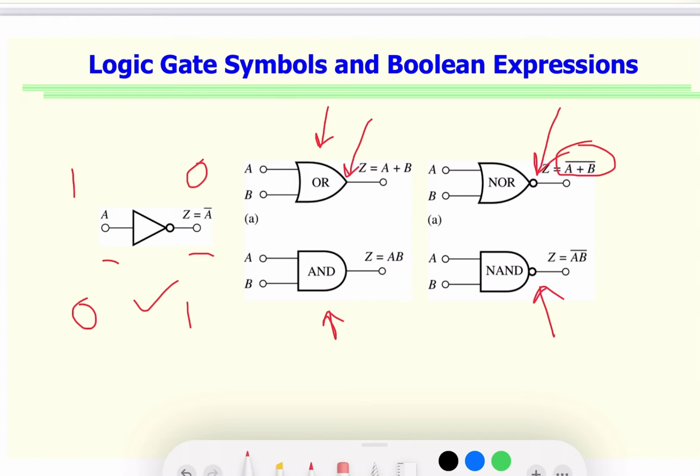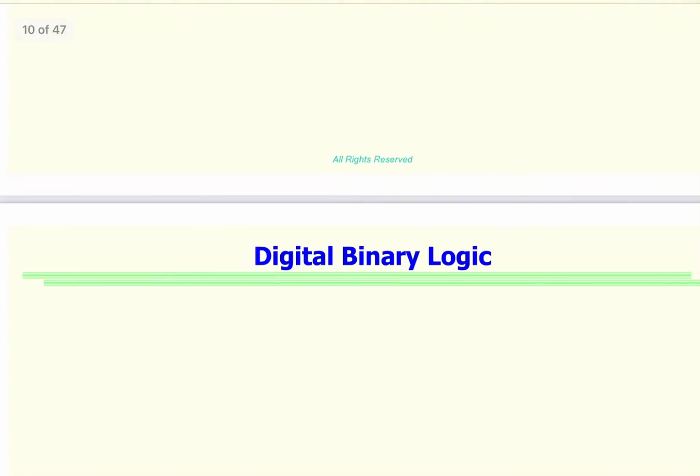So we are flipping or inverting that, and the bar just depicts that the output is being converted or changed. And this information leads to what we call digital binary logic.